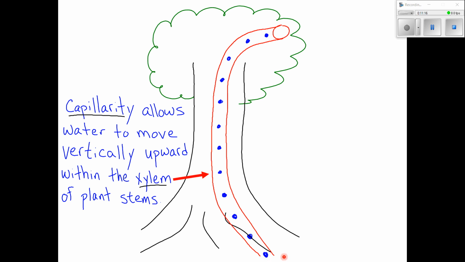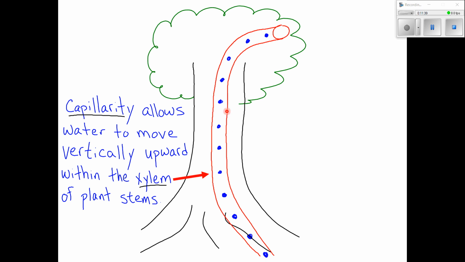Of course, that would be what kind of adhesion? Water sticking to water. That's right, it's cohesion, water sticking to water. And so it's almost like a train, where the engine of the train is connected to the first car, which is connected to the second car, which is connected to the third car, and so forth, all the way down here to the caboose.